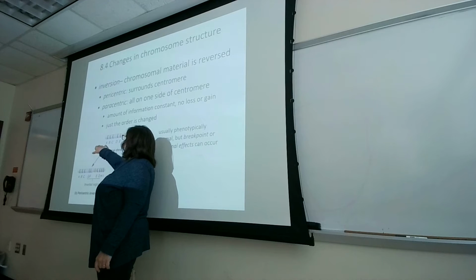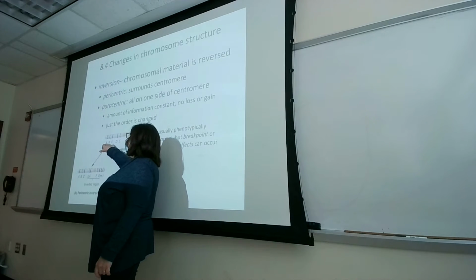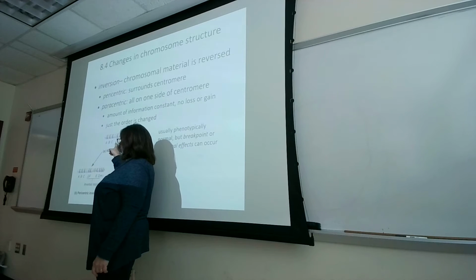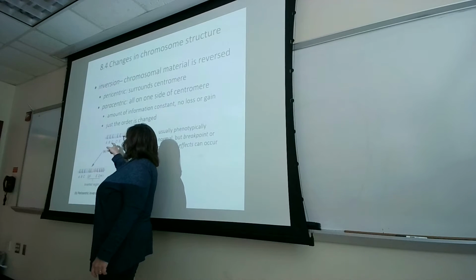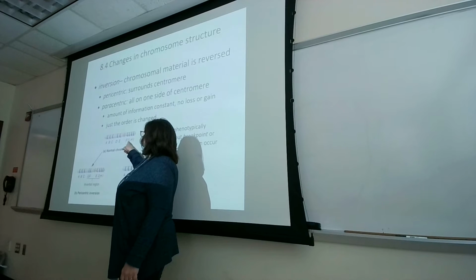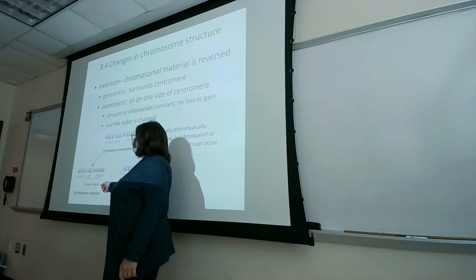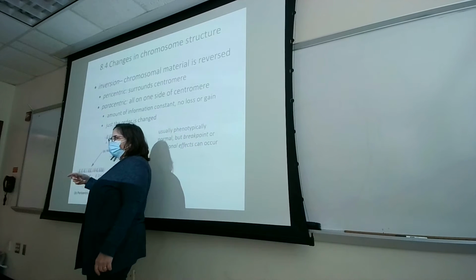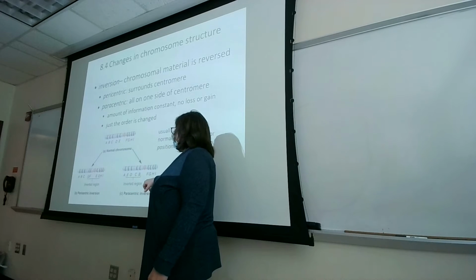So if these represent genes, gene A, gene B, gene C, etc., if you look at the breakpoints between C and D and between G and H, you're just flipping that piece around. So you just have this backwards piece. Same thing over here.